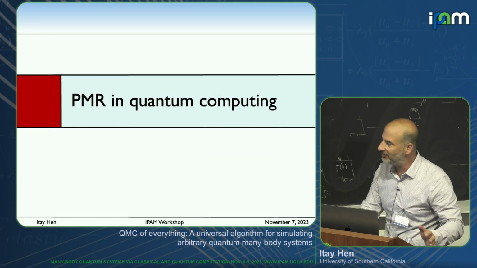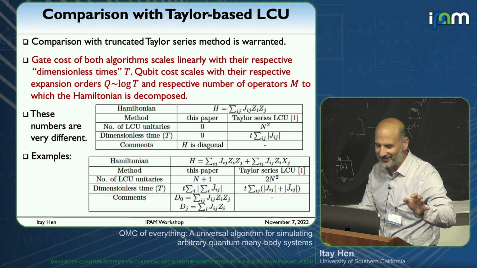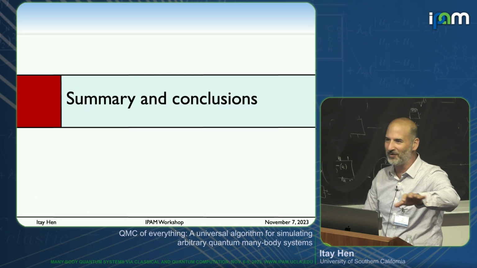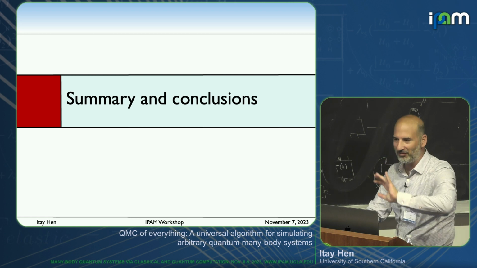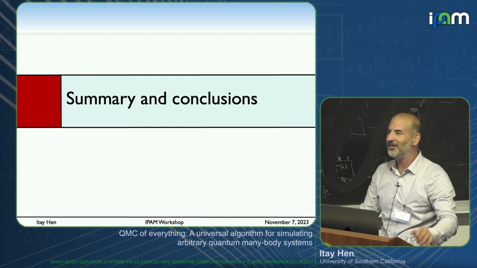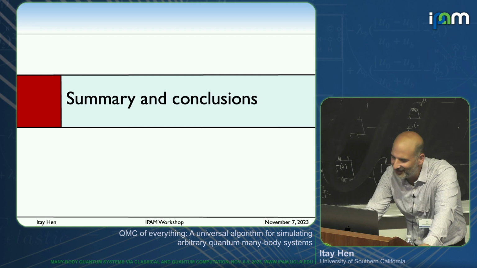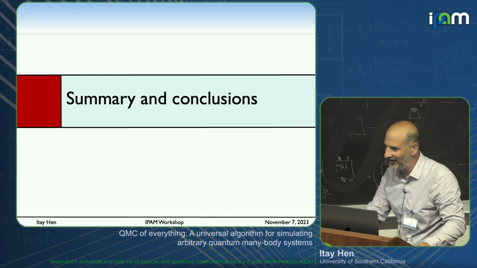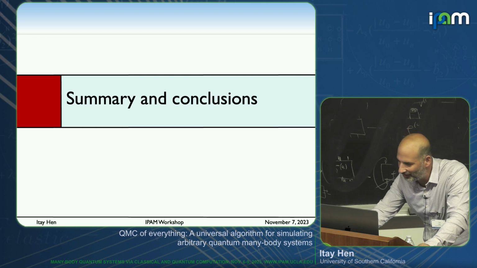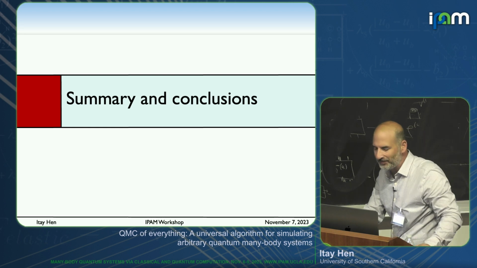I really wanted to show you how this ports into quantum computing. I will not do that because I don't have time, but we have variants of the same thing for quantum computers, which is nice, and maybe later during the workshop we can talk about that if you're interested.